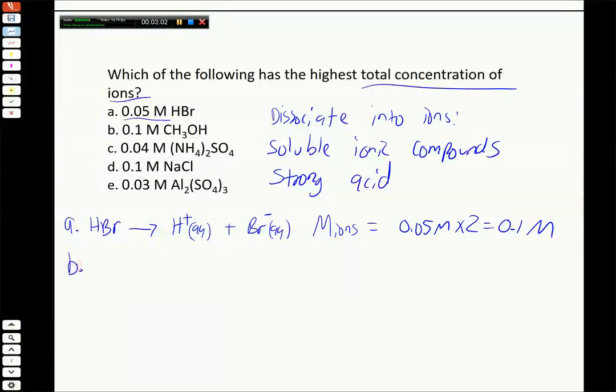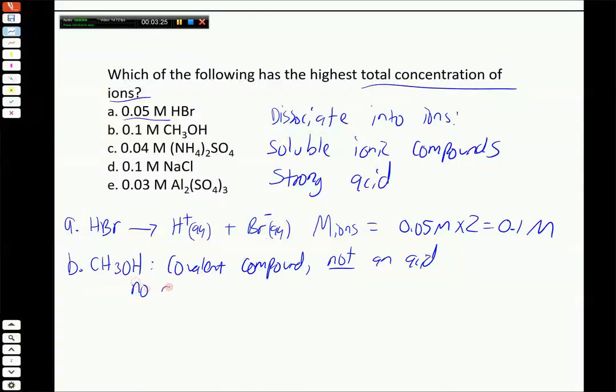Okay, so that's the total concentration of the ions for part A. Now, choice B was one that a lot of us picked, but it turns out that CH3OH is a covalent compound. It's all nonmetals. We have to recognize that this is not an acid. Alright, so we discussed this in class. When you dissolve covalent compounds in water that aren't acids, you don't get any dissociation.